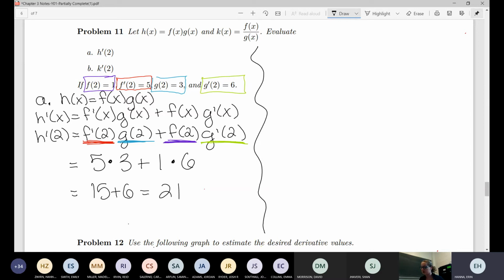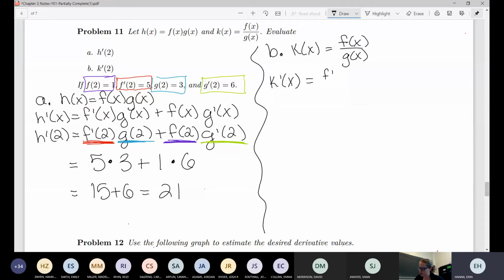Then we want to do essentially the same type of idea, but now we're given that the function is a quotient instead of a product. Again, we're lucky here because they're F and G, so they look exactly like the quotient rule.